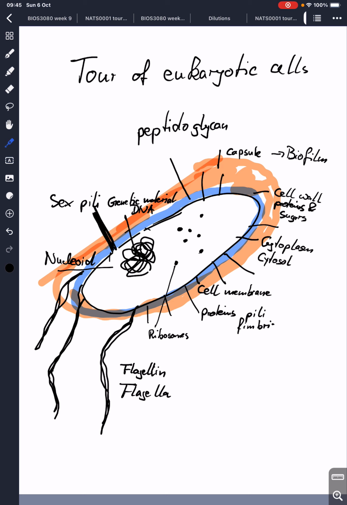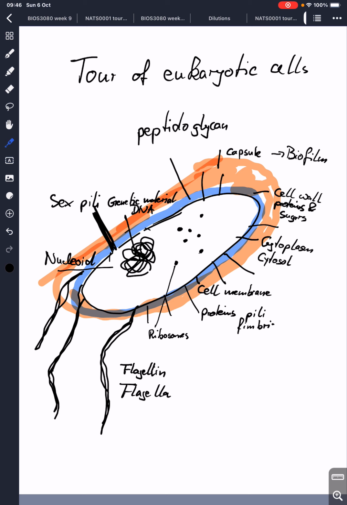And we also find in some bacteria, but not all, these longish protein protrusions. They are called flagella, and they are made of the protein flagellin. And these flagella are almost like little drivers.